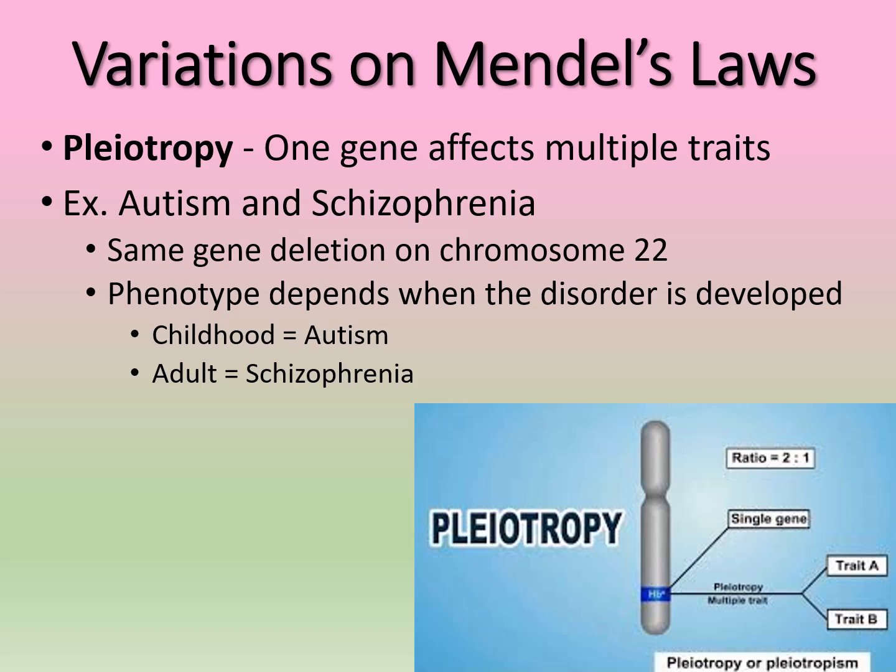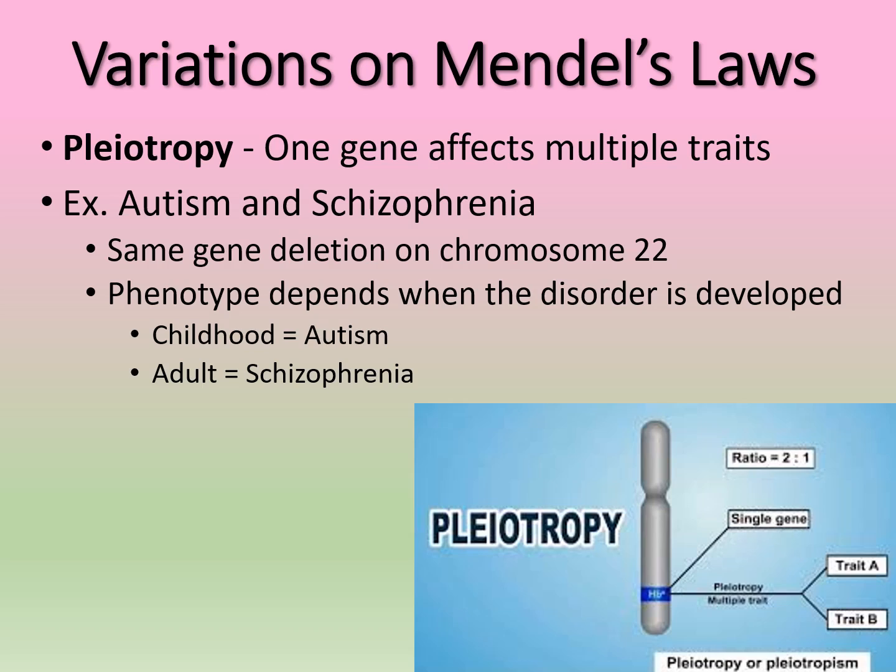So you don't have this one gene. So what happens? You either have autism or schizophrenia, but you say, okay, they're completely different, right? So the phenotype depends on when the disorder is developed. So if you develop your disorder during childhood, you develop autism. If you develop it during adulthood, you develop schizophrenia.